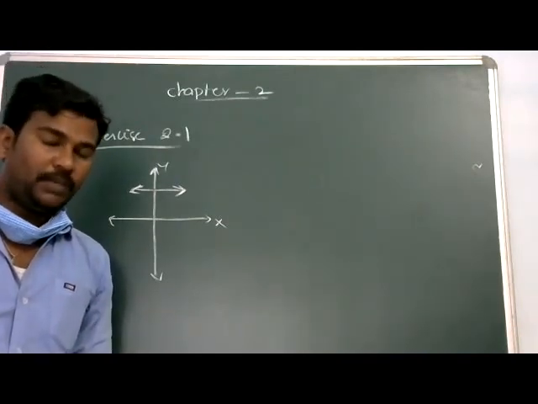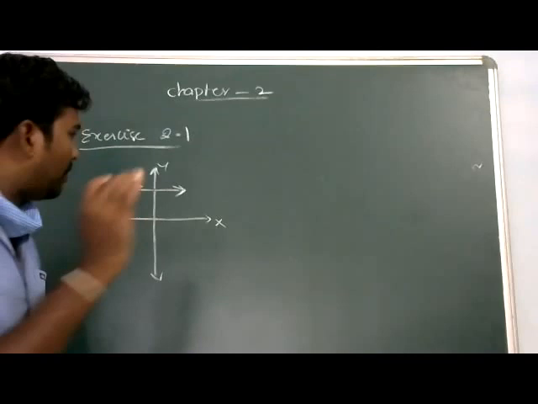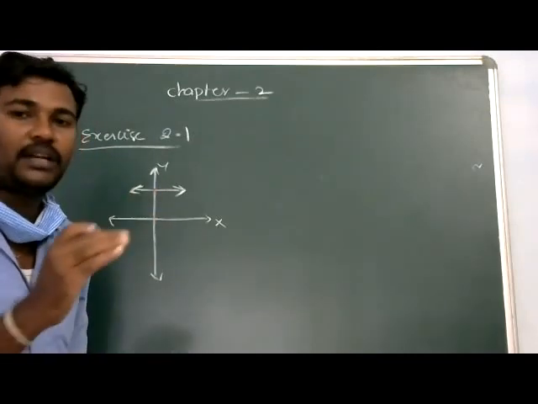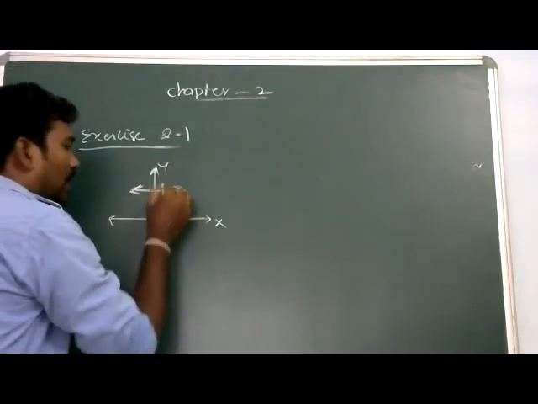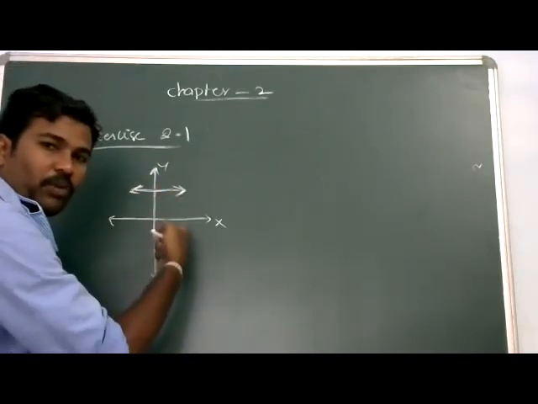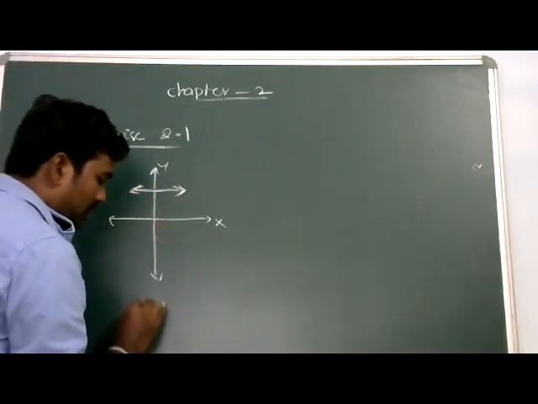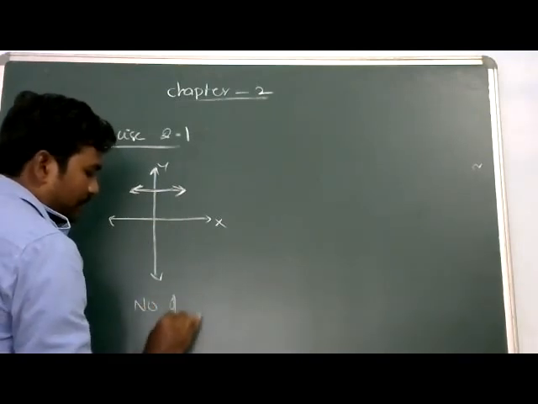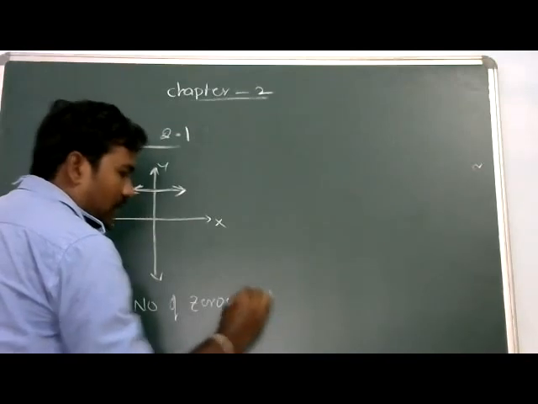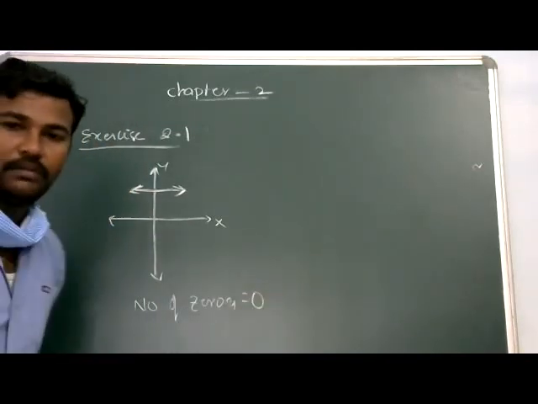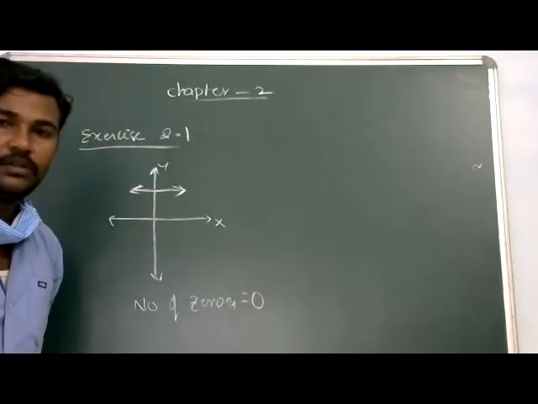However many times the graph intersects the x-axis, that many zeros are there. Here, this is the graph. Any intersecting point with the x-axis? No. So the number of zeros equals 0. There is no intersecting point with the graph.